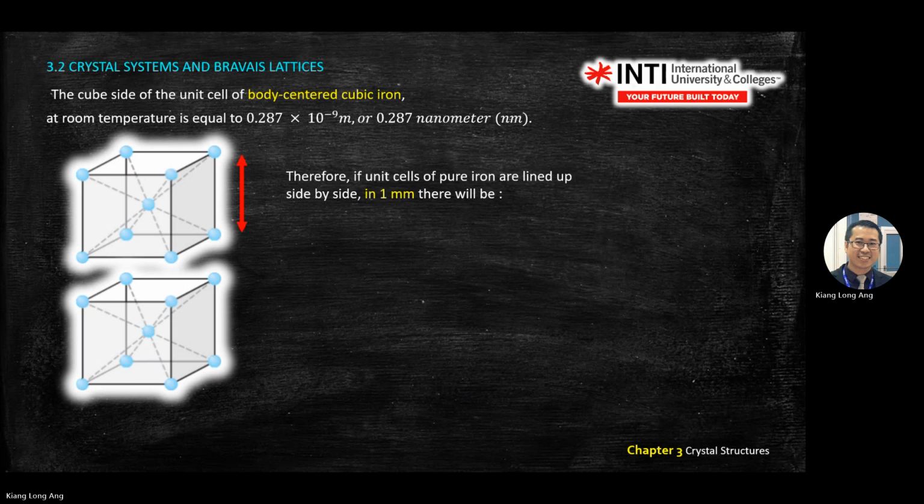So for ferrum, if unit cells of pure iron are lined up side by side, in 1 mm cube, there will be so many unit cells. Okay, it means that one side of this one is 0.287 nanometer. So in 1 mm, from here you measure 1 mm.